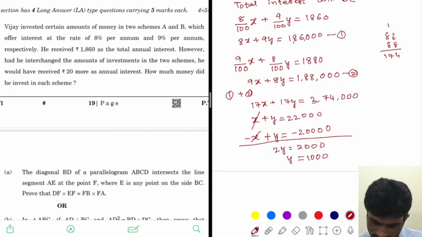Now substitute y in the first equation, then x will be 21,000.